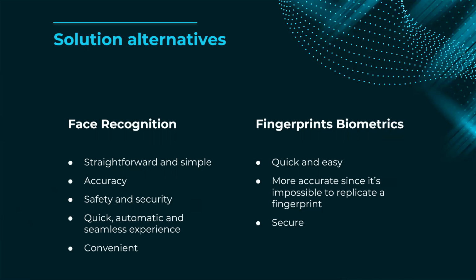Compared to that, fingerprint biometrics are quick and easy to use. All you need to do is place your finger on the reader and it will do the rest. They are more accurate than other methods, such as using a password, because it is almost impossible to replicate someone's fingerprint.